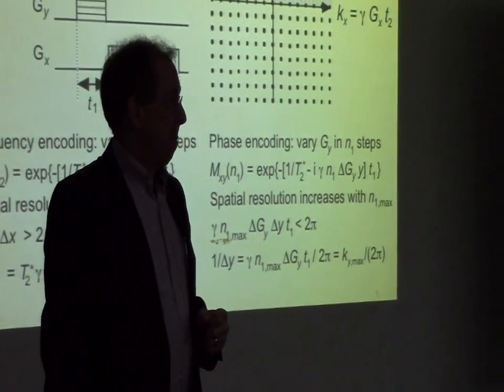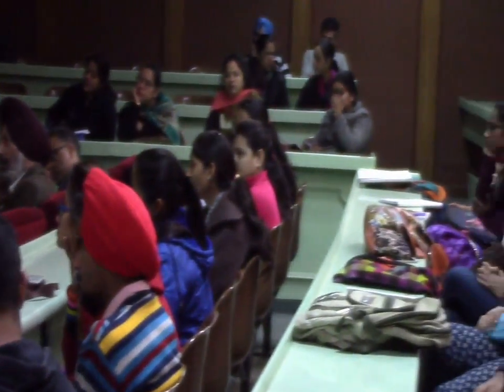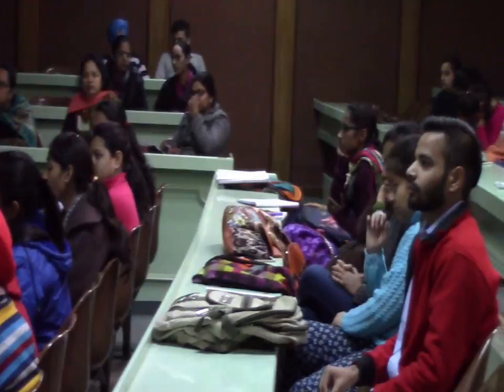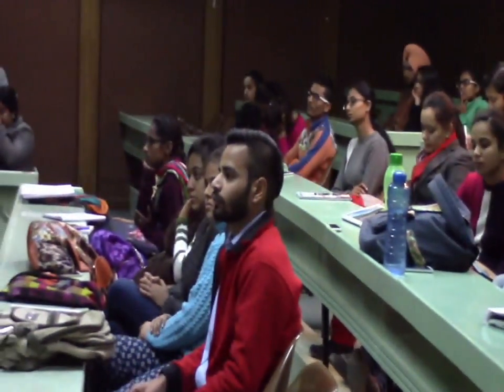But sometimes they mention 45 gradients, 50 gradients. So the more the number of gradients, the better it is? No, I mean these are the gradient steps. And you need as many gradient steps as you have, let's say, positions to encode in the indirect dimension.